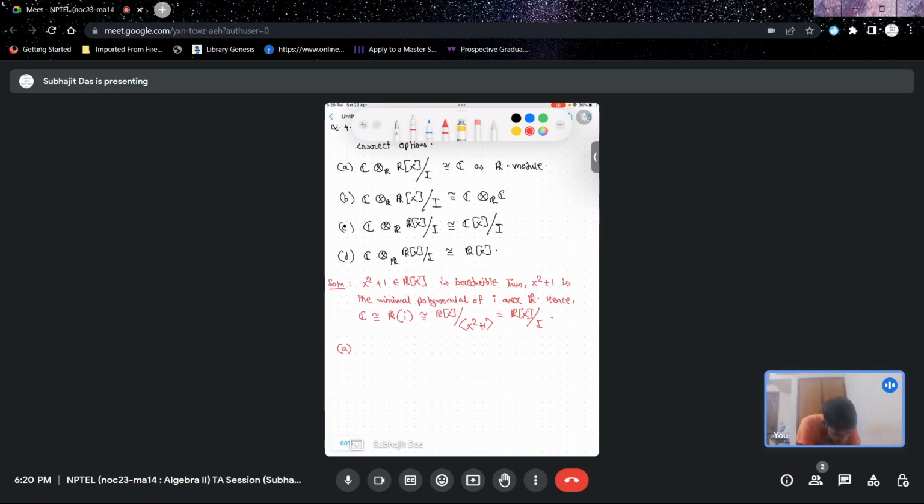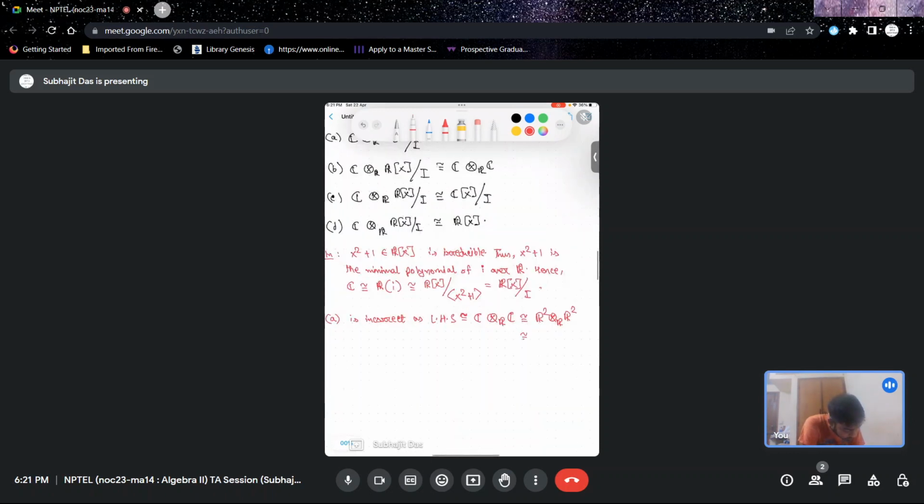Now A is incorrect, as the left hand side is isomorphic to C tensored over R with C, which is just isomorphic to R square tensored over R with R square as R modules, which is isomorphic to R power 4, right?